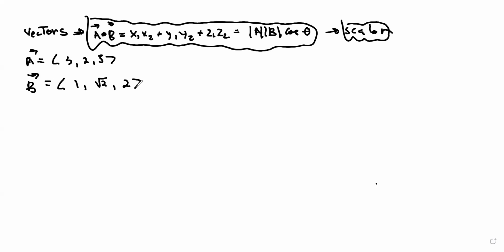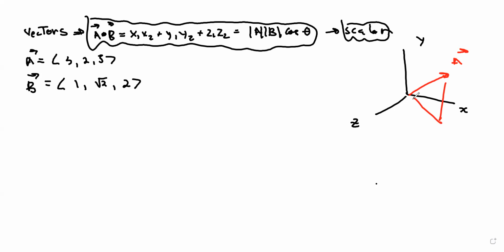That means that these vectors are somewhere in space. Let's say we have here our axes, and this would be the x, this would be the y, and this would be the z. Let's say this is A, somewhere in space.